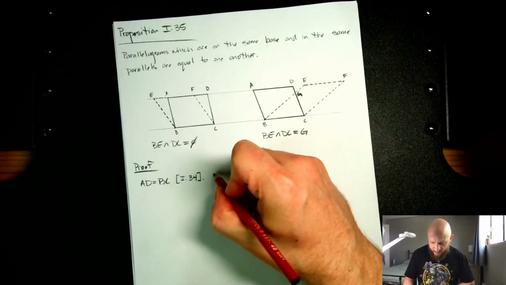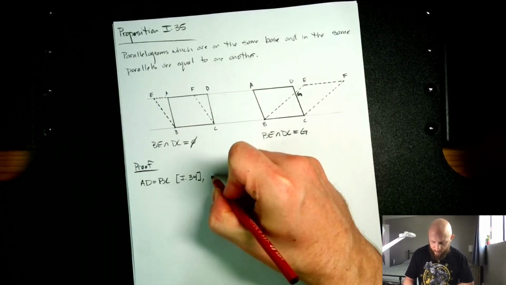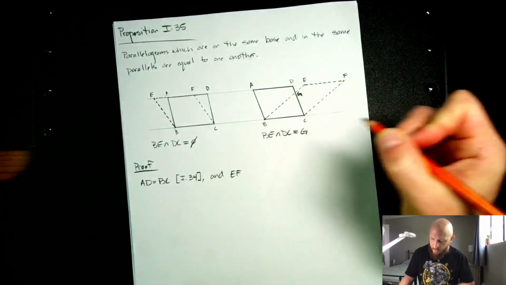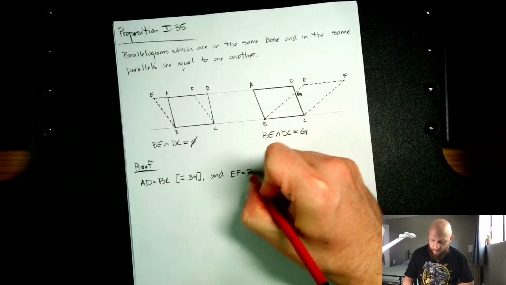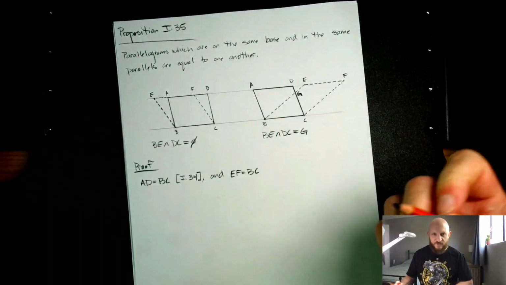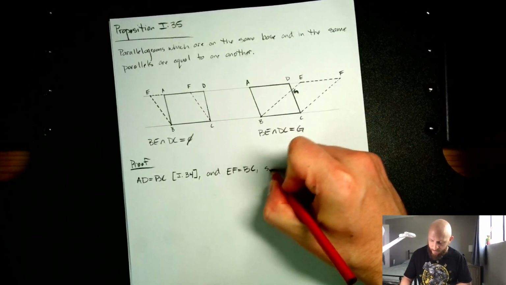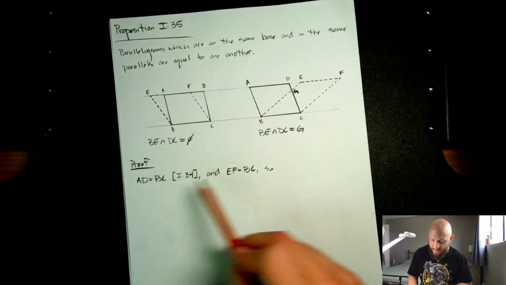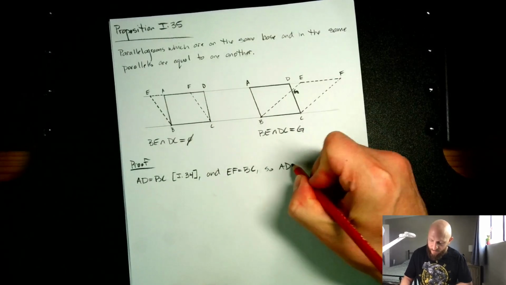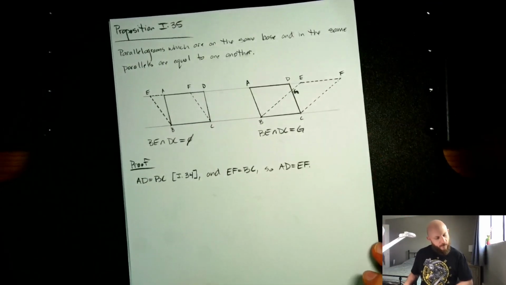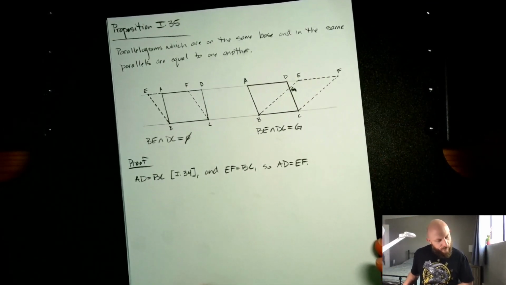For the same reason, EF equals BC. Same proposition gives us that. So, by common notion 1, we would have that AD is equal to EF.